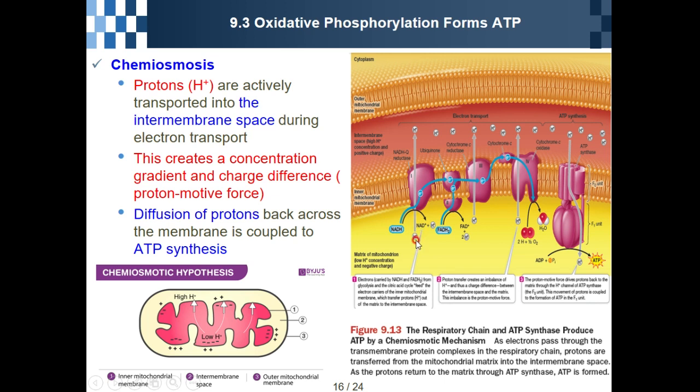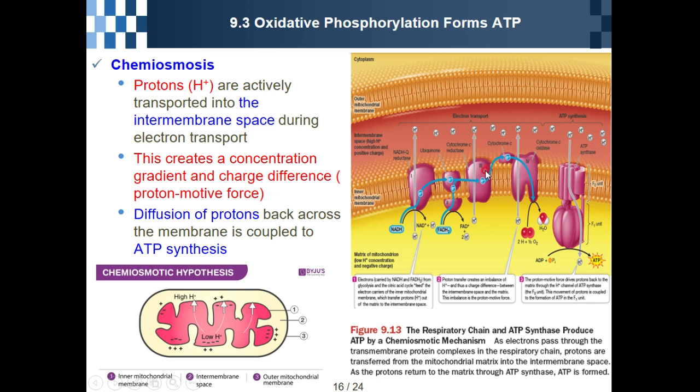So this proton is actively transported to the intermembrane space. This is the mitochondria. They are composed of the outer membrane and inner membrane, so these spaces we call intermembrane spaces. This proton is actively transported to the intermembrane space during electron transport.